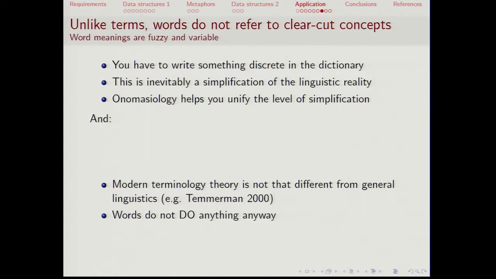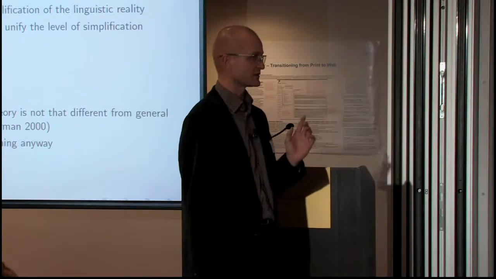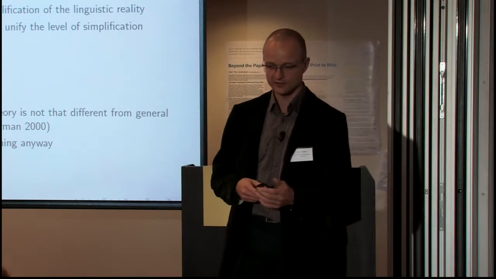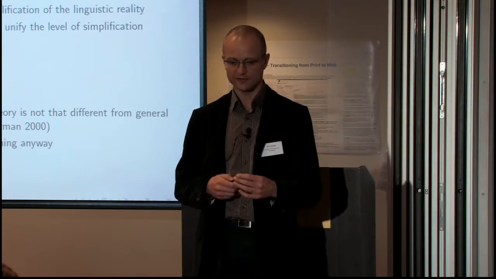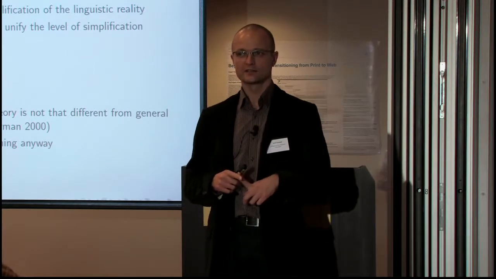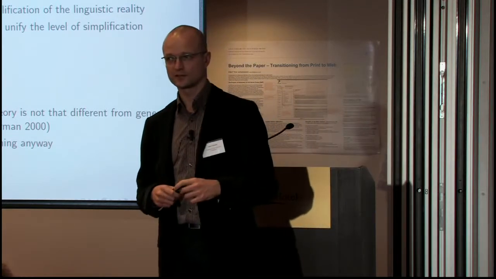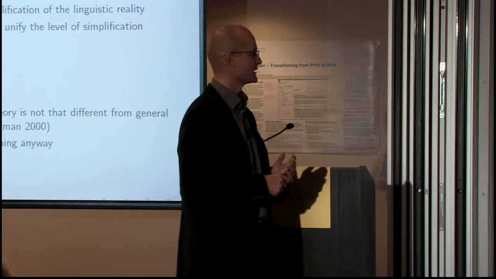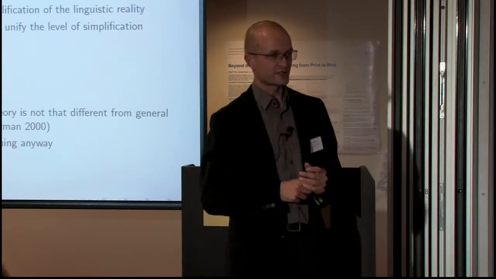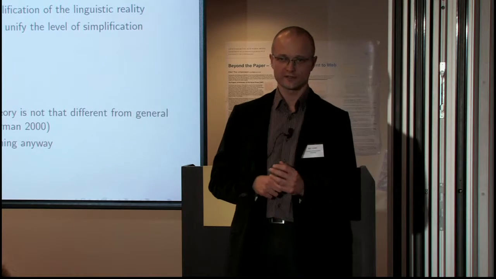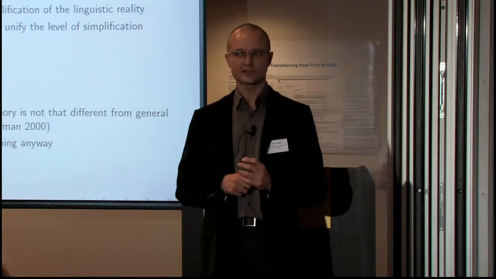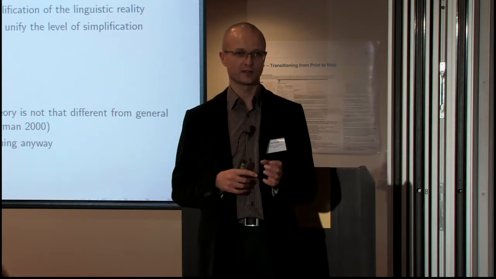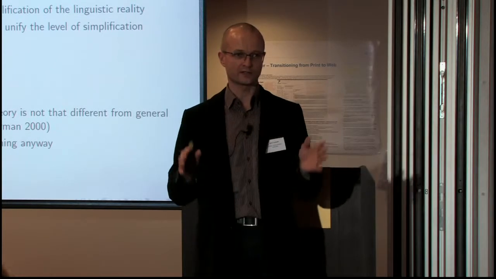So the minute you write it down, it becomes a simplification for the purposes of this dictionary, and this simplification has clear boundaries. So the semasiological and onomasiological approaches are not different in this sense. What onomasiology does is it helps the compiler unify the level of simplification. That I can make up my mind how much I simplify, how much I cut away the fuzzy edges of concepts.